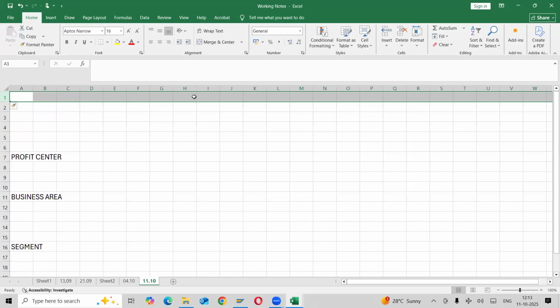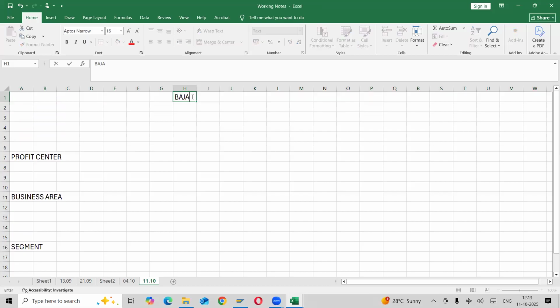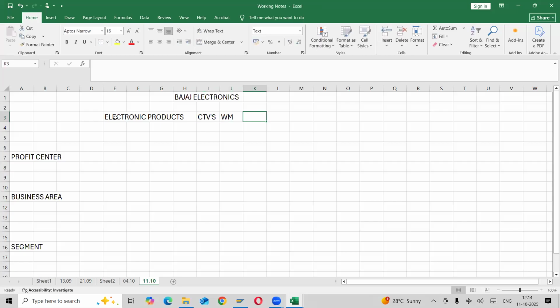For example, I'm taking Bajaj Electronics. They are dealing in electronic products, for example color TVs, washing machines, music systems.